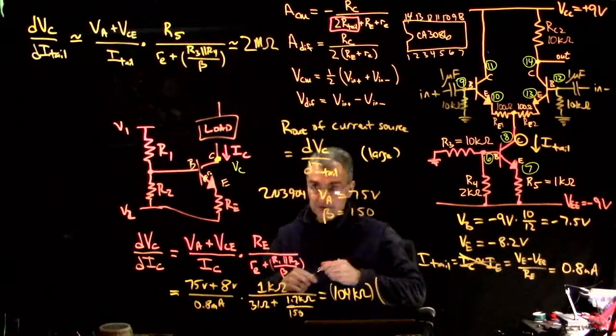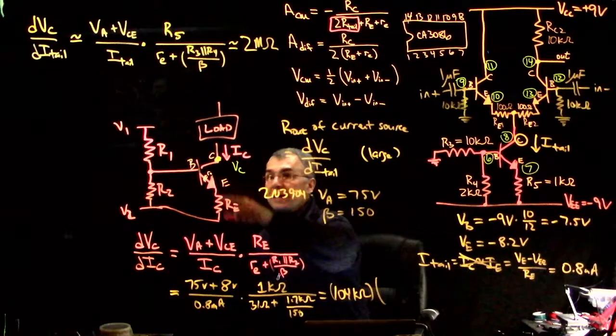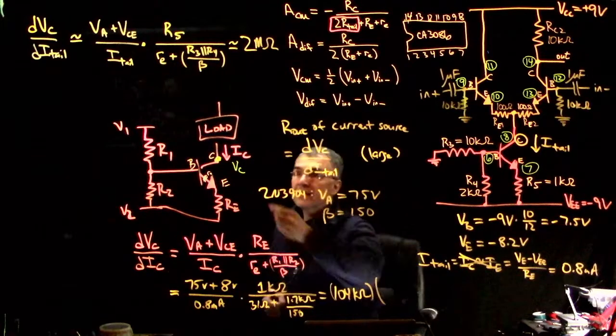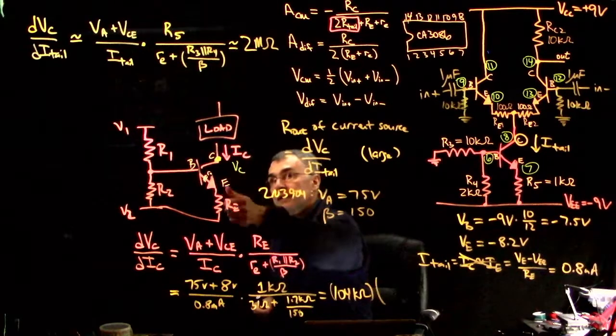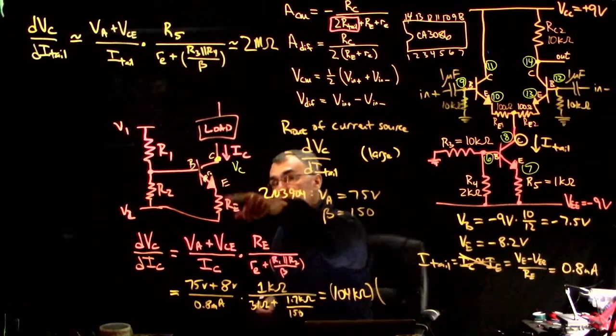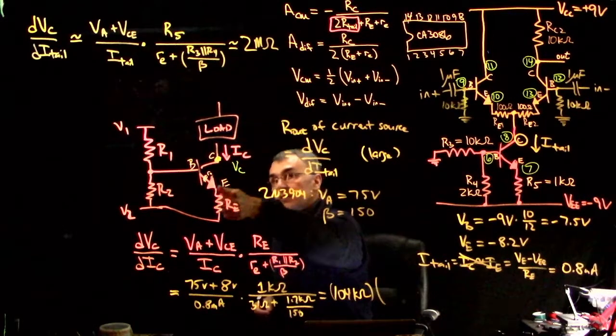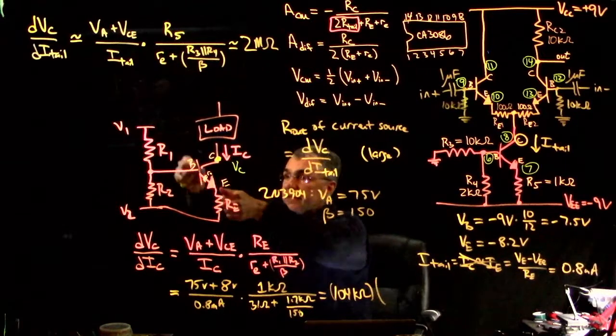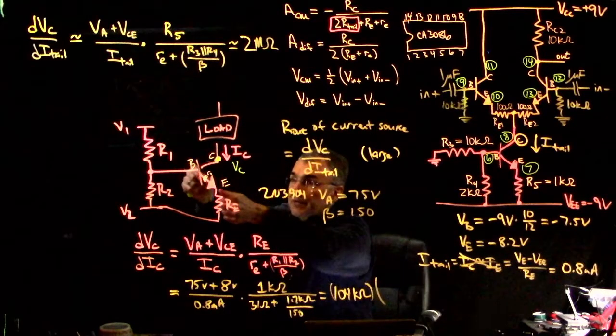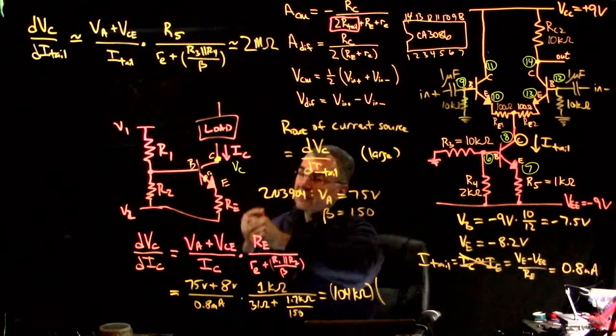But then there's actually a feedback mechanism. If the current starts to get too big, then because of the presence of this emitter resistor, the emitter voltage creeps up a little bit, and that clamps down a little bit on VBE, which has the effect of reducing the collector current. So that's feedback.